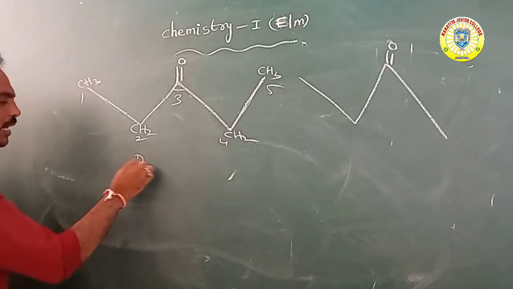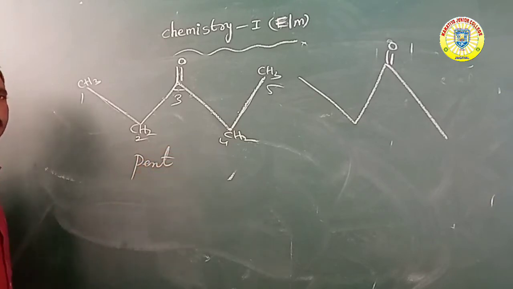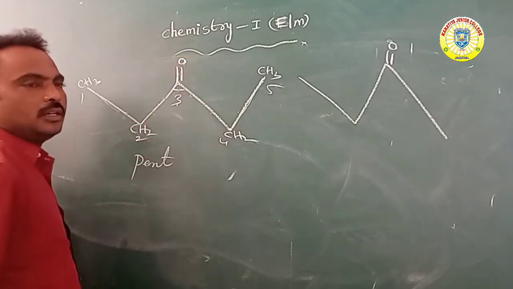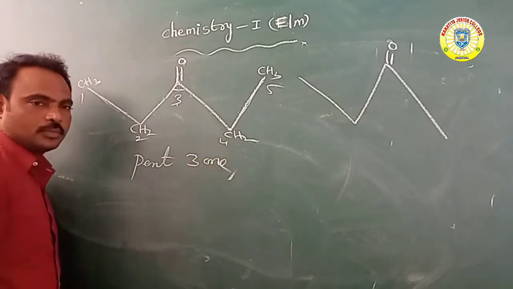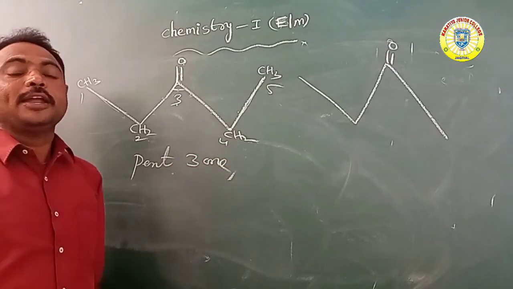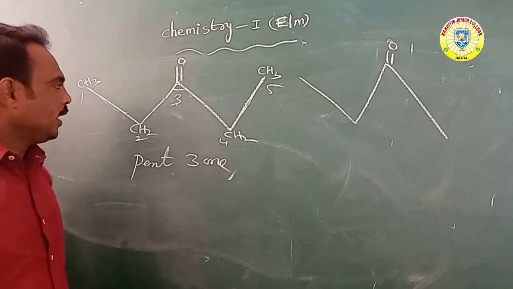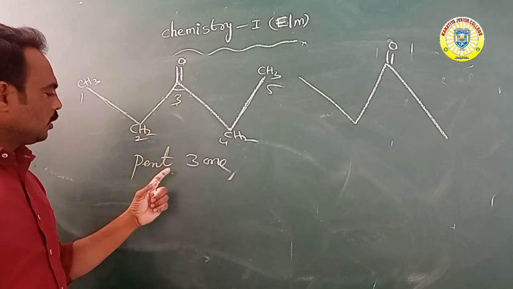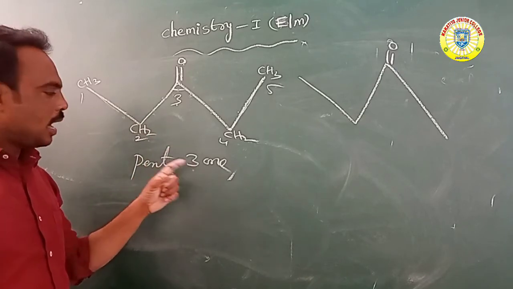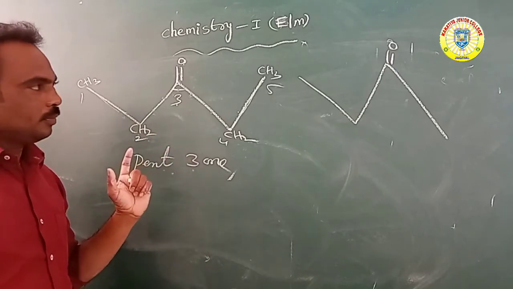First we write pent. The third carbon is attached with the ketone functional group, so 3-one, or 3-pentanone, or pent-3-one.